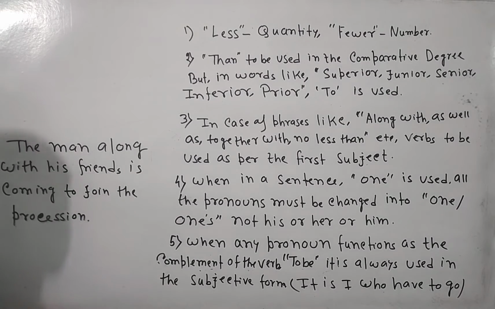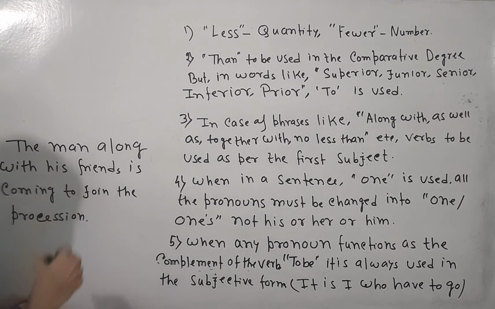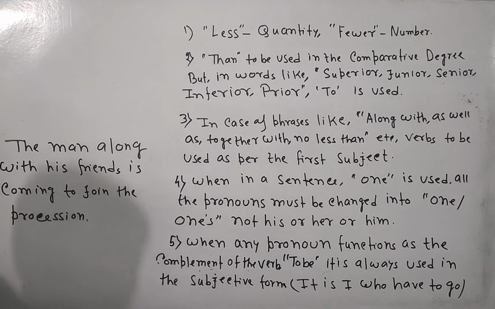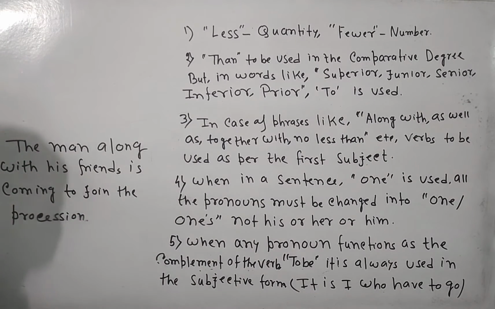Now look over the sentence. What is the rule? Along with, as well as, together with, no less than, etc. Verbs must be used as per the subject. Whenever you form a sentence, a verb must be there and it must be in relation to the subject. Here the subject is "man".